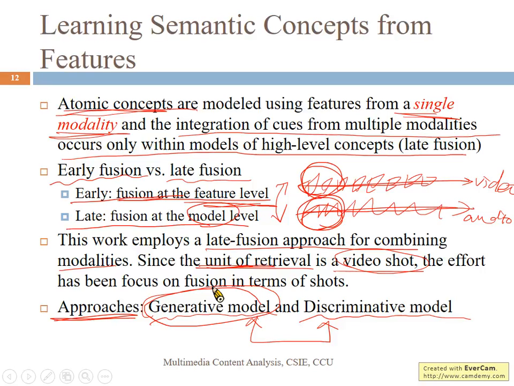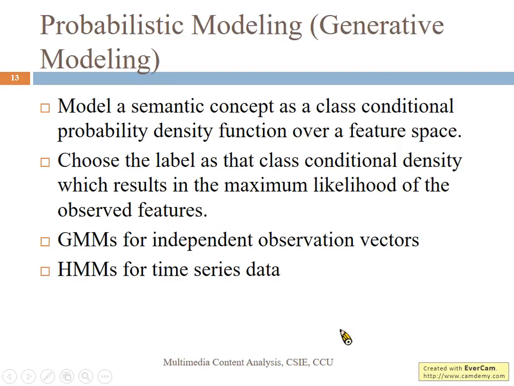The generative model is where we try to estimate the parameters that are used to describe it. For the discriminative model, we don't assume there is a backend model that can be parameterized. We just take the data directly and try to separate or classify the given data into different classes.